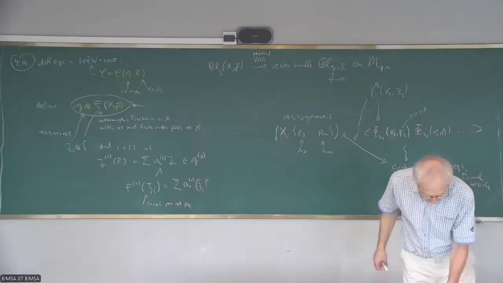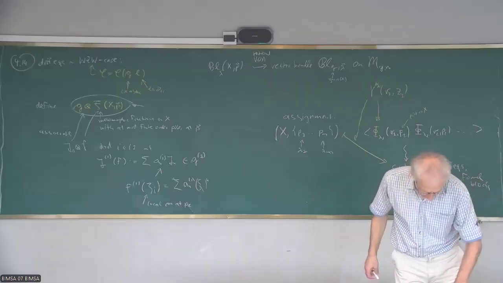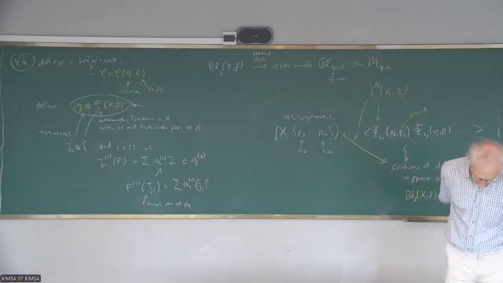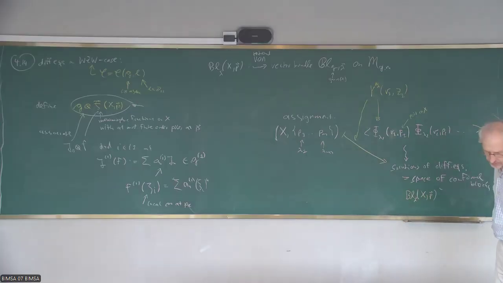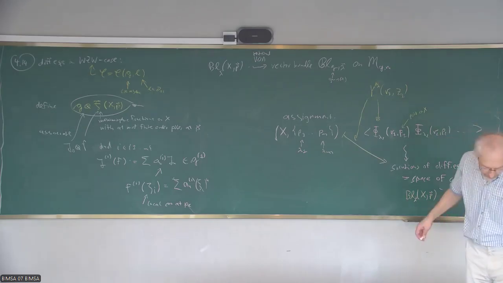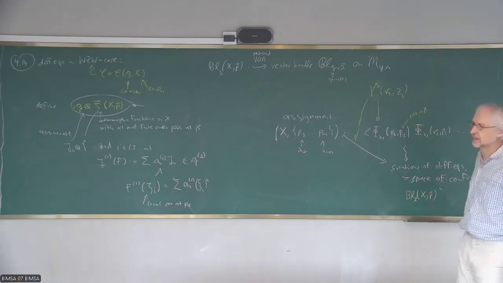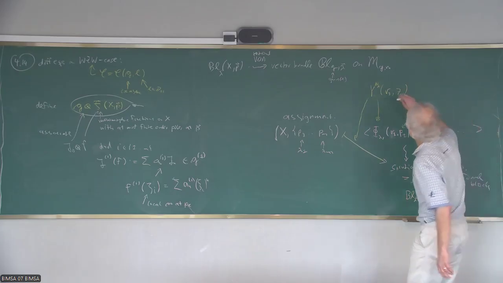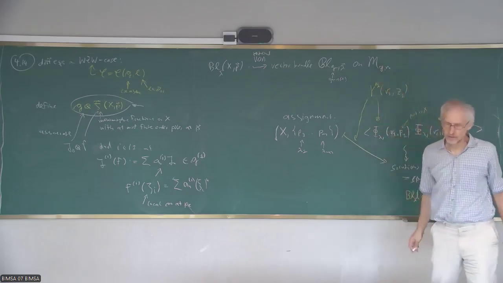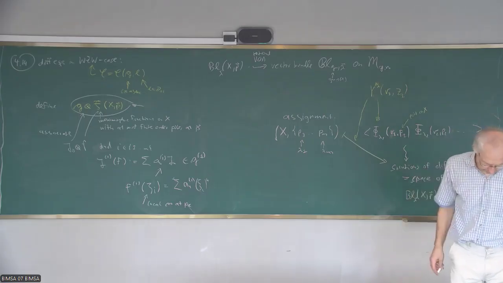And again, I cannot say anything more, but in particular, this means that this vector bundle comes with a projective action of the mapping class group of curves of genus g with n points.